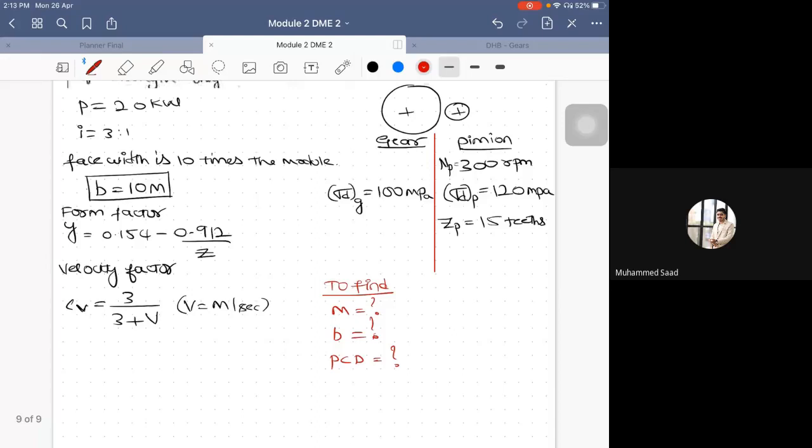Any doubts in the data? Shall we proceed to the solution then?